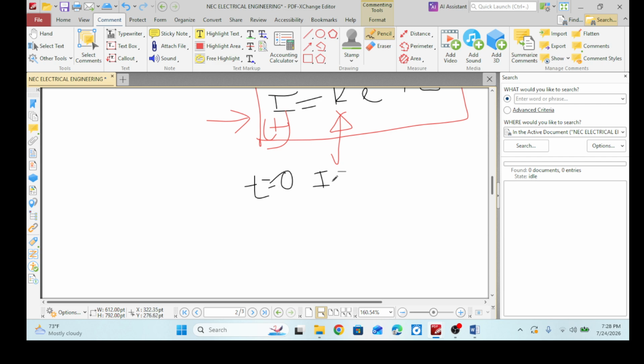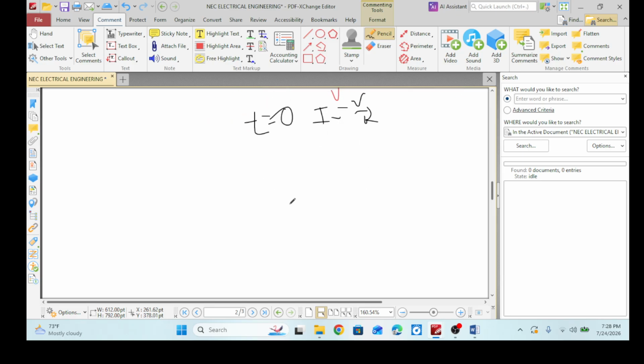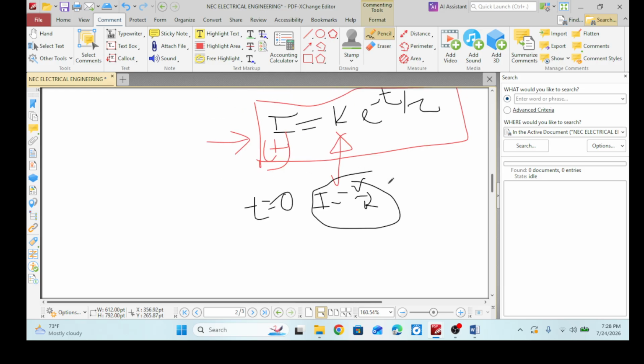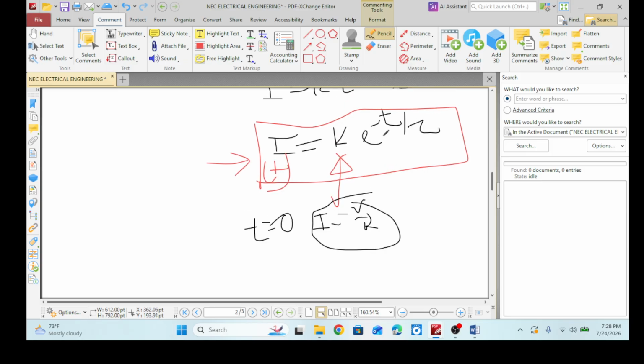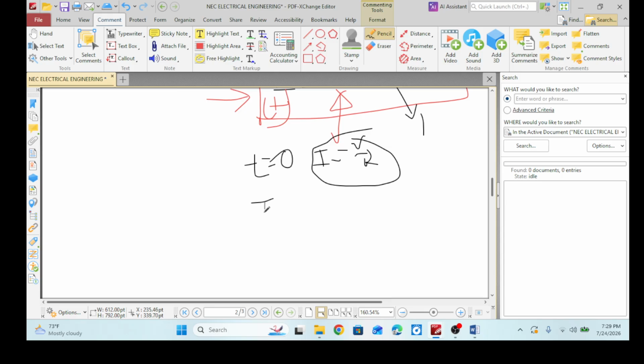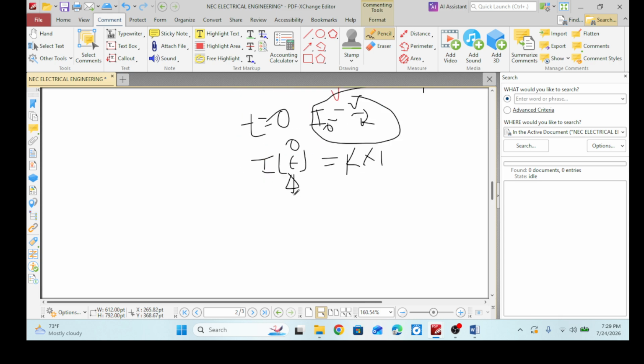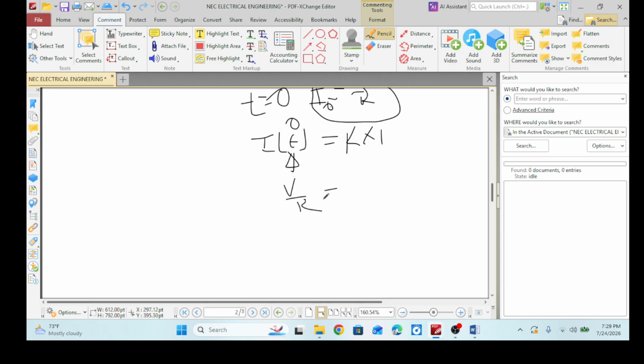The current in the circuit would be V by R. So applying t equal to 0, e to the power minus 0 is nothing but 1, and I(t) is equal to k times 1, and for I(t) we have applied 0, so I0 is nothing but V by R. So V by R is k.